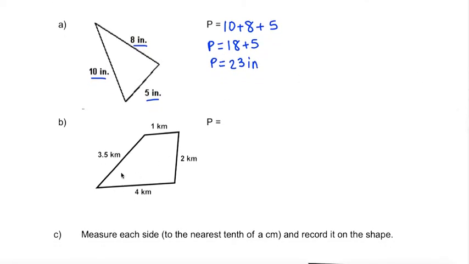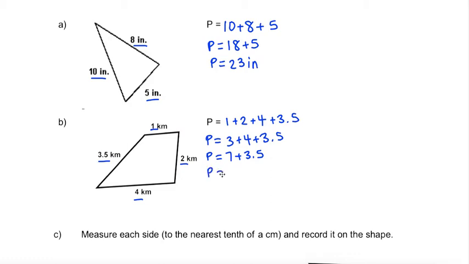Let's take a look at part B. So part B again, I want to take a look at my shape and I want to look at all of my outside edges. So I'm going to add up my 1, my 2, my 4, and my 3.5. So perimeter is 1 plus 2 plus 4 plus 3.5. 1 plus 2 is 3. 3 plus 4 is 7.